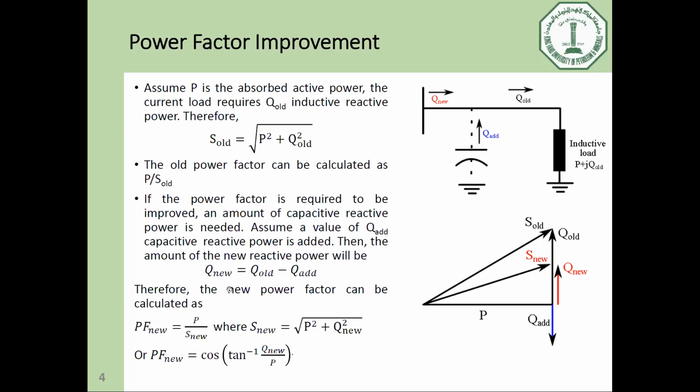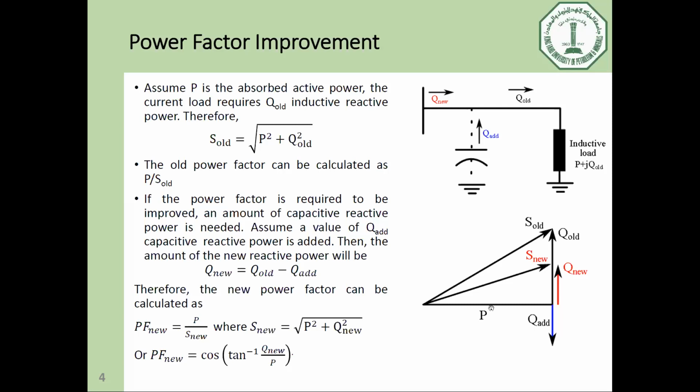And in that case, the new power factor will depend on the value of P divided by S new, because after adding Q add, which is in blue color here, the resultant Q will be Q new, which is the red color vector. So the resultant apparent power will be S new. So this will be the new apparent power due to power factor compensation.